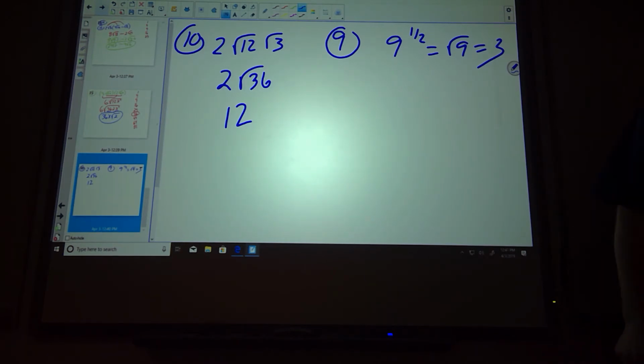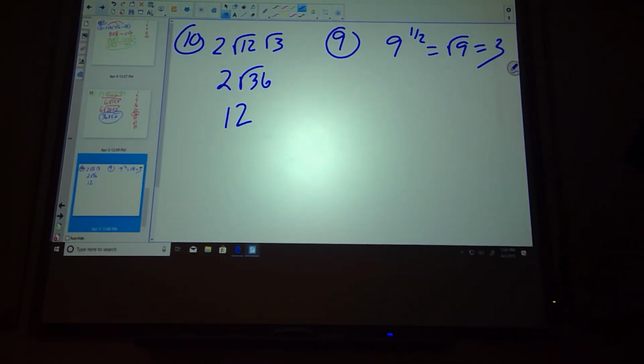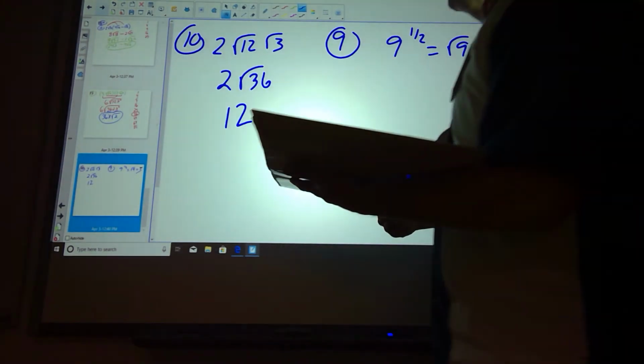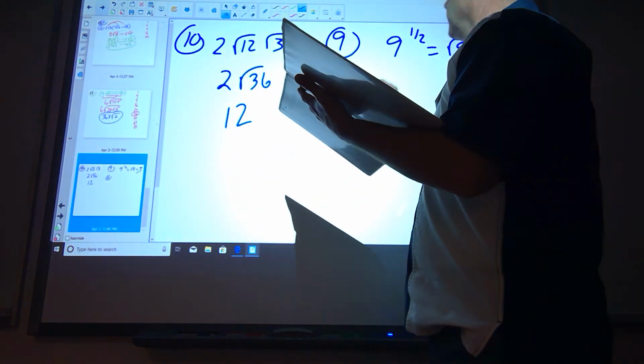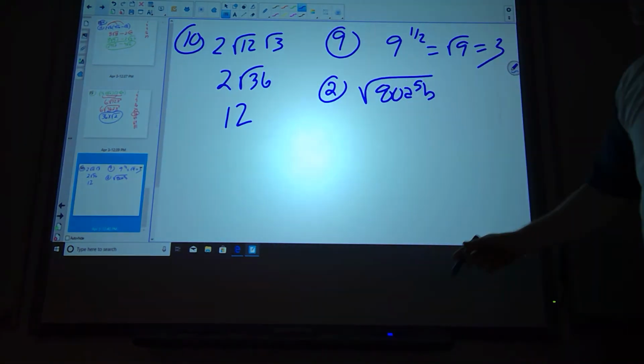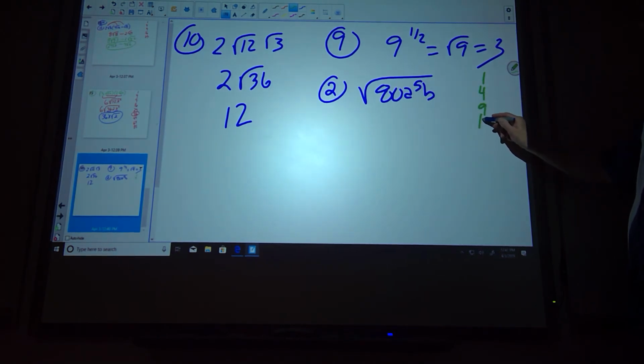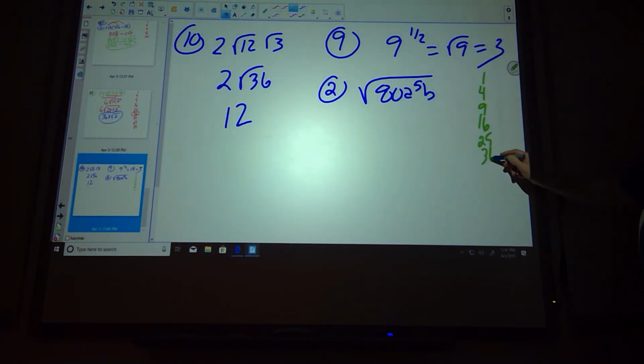Anything else off page 111? Number 2. 80 a to the 5th b. All right. Let's put my perfect squares up here. Got 1, 4, 9, 16, 25, 36, 49, 64, 81. That seems good enough. What times what gives me 80?